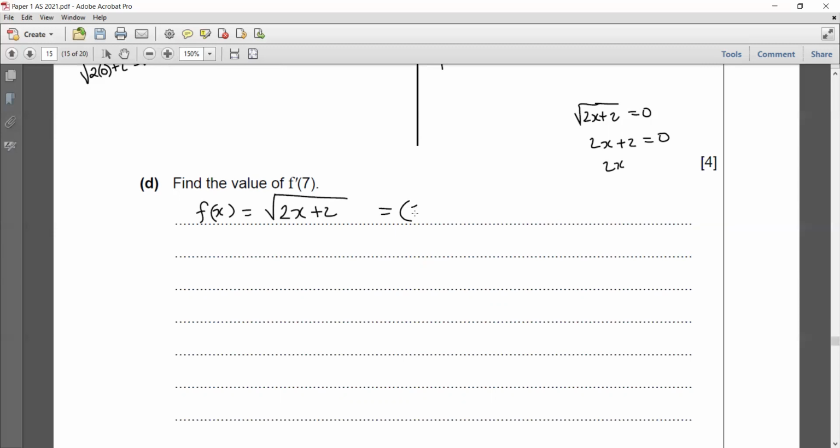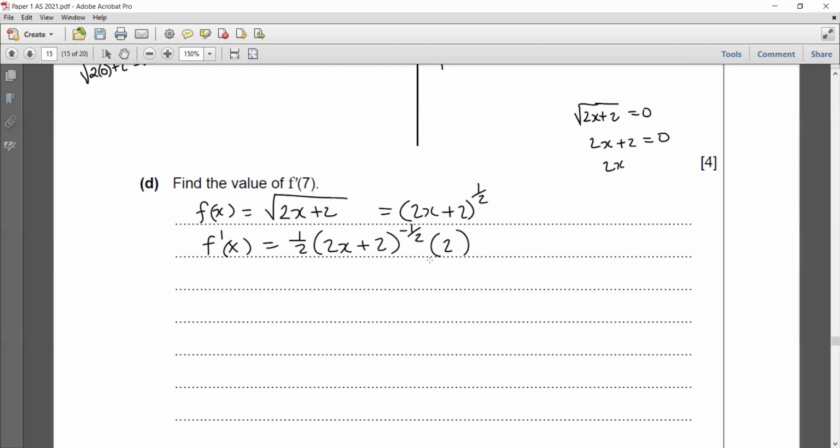Here you can write this as 2x plus 2 to the power of a half. And then for the first derivative, the half comes down. Then the inside stays exactly the way it is using the chain rule, and then you say half minus 1, which is minus a half, and then you multiply by the derivative of the inside, which is 2. The derivative of 2x is 2, the derivative of 2 is 0, 2 plus 0 is 2.